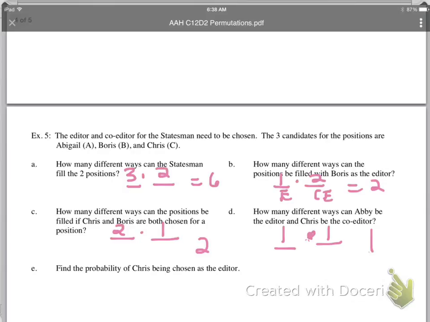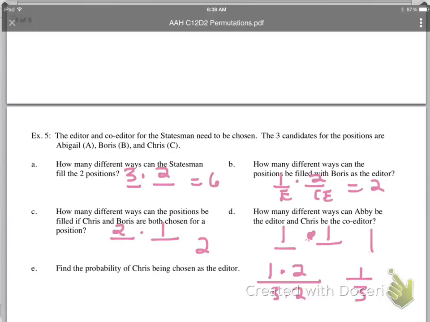So the number of ways Chris can be editor, we found that would be just like Boris being editor. So that's 1 editor, and there are 2 other people to be co-editor. Out of how many total possibilities do we have? Well, that would be our part A, so 3 times 2. Therefore, we have 1 out of 3. Or you could also have thought of that as, well, he's 1 person out of a total of 3 people.